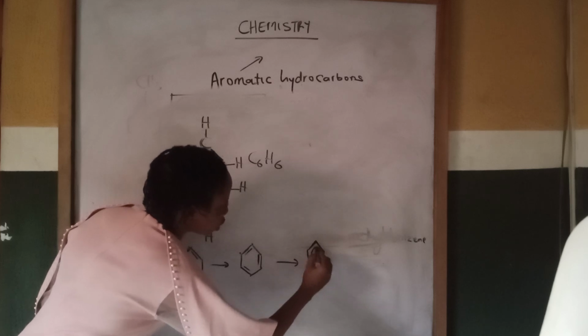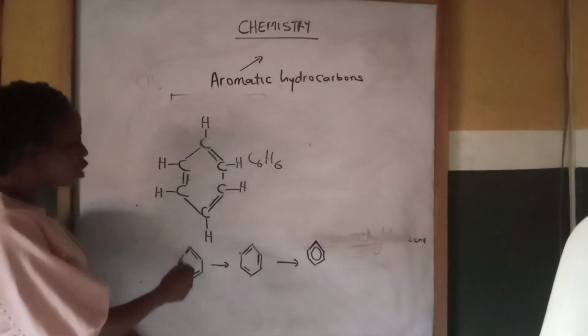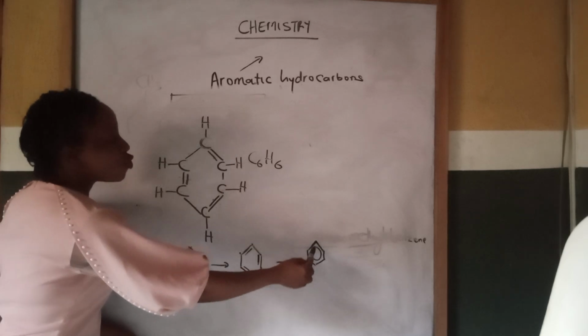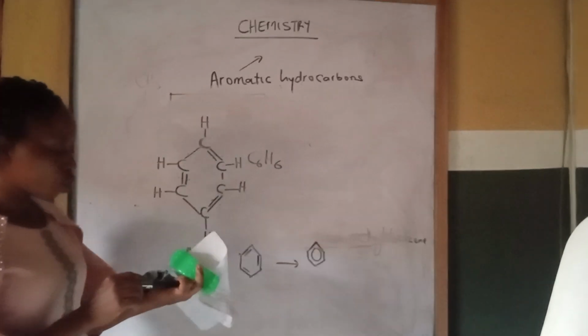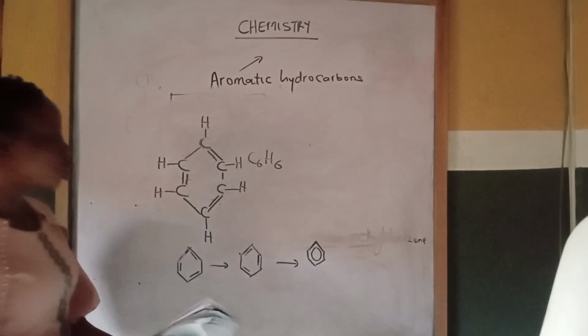So the double bond will close to form a ring inside. This structure is called resonance structure.